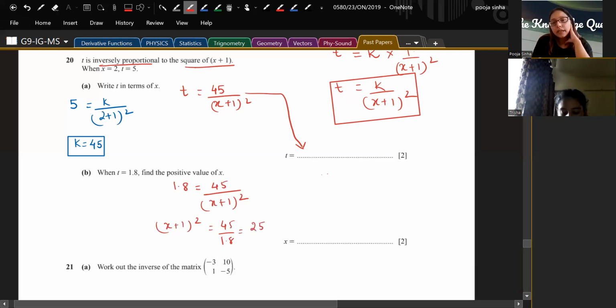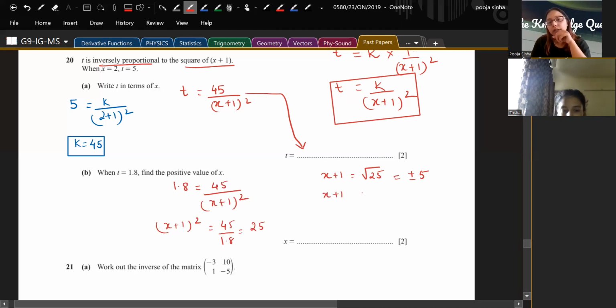Which means x plus 1 is equal to under root of 25, which is plus and minus 5. दो answers आते हैं हमेशा. Whenever you're doing under root, you always get two answers. So either x plus 1 is equal to 5 or x plus 1 is equal to minus 5. Which means x is equal to 4 or x is equal to minus 6. Two answers we got.